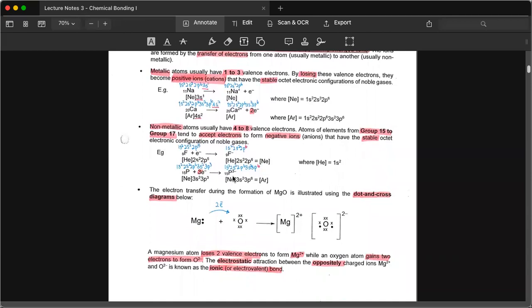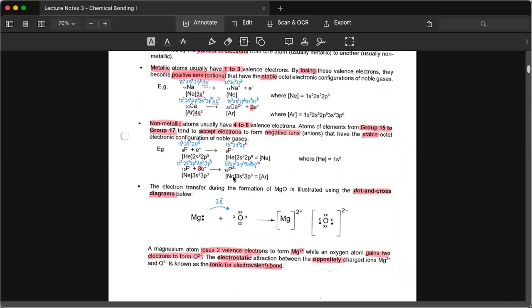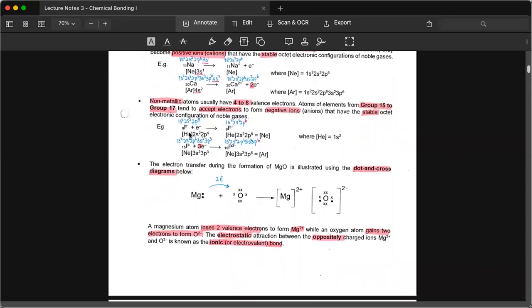Non-metallic atoms usually have 4 to 8 valence electrons. Atoms of elements from group 15 to 17 accept electrons to form anions and also achieve a stable octet electronic configuration, just like fluorine and phosphorus.